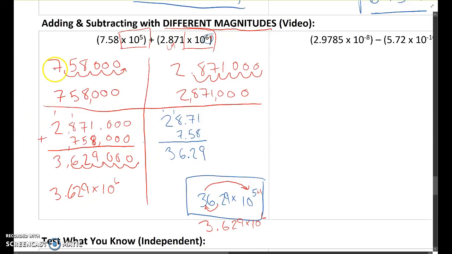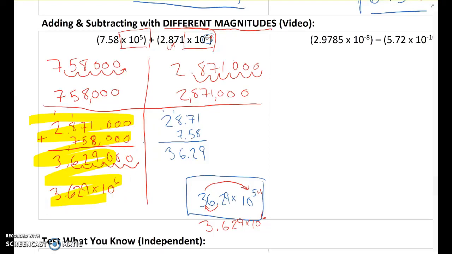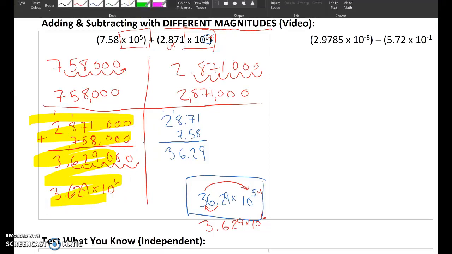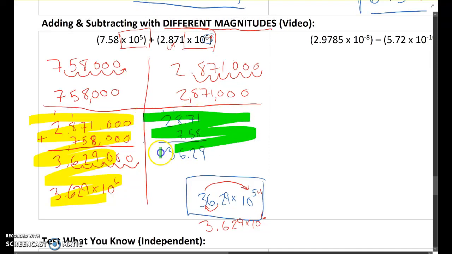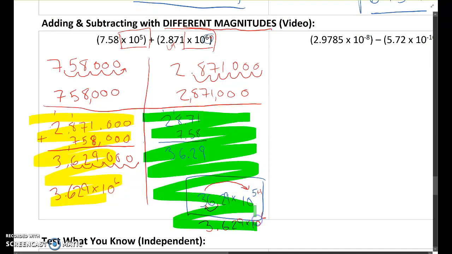Both of these ways, let me highlight them, both of these ways are perfectly valid ways of doing this. It really comes down to which one you want to do the most. I personally like the green method over here a little bit more, simply because it saves me time.